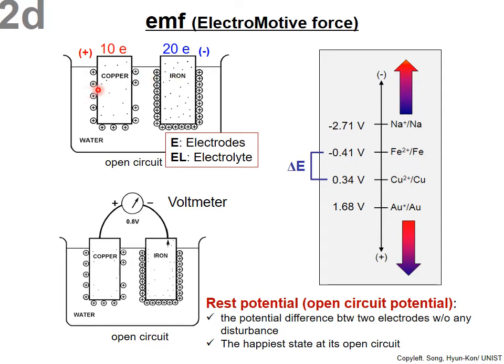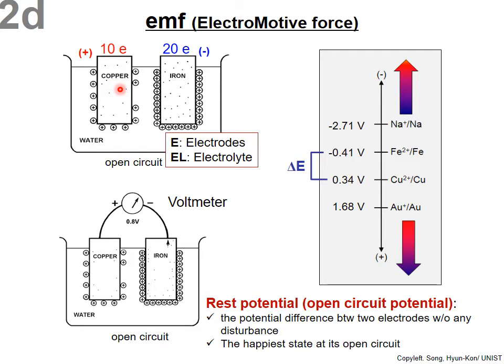Copper, I have said, schematically, 10 surface species are ionized. So you could find 10 extra electrons in the body of copper. So you could feel some electron pressure, the amount of which is equivalent to 10 extra electrons.